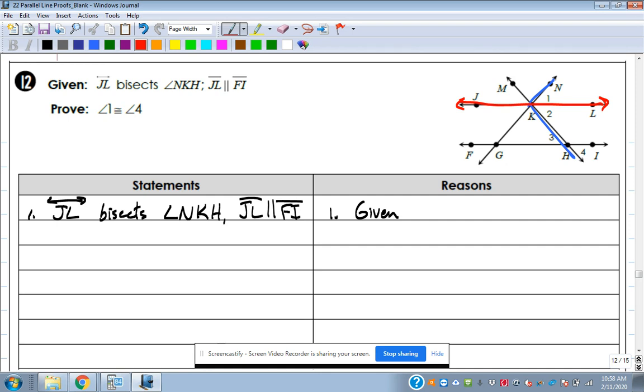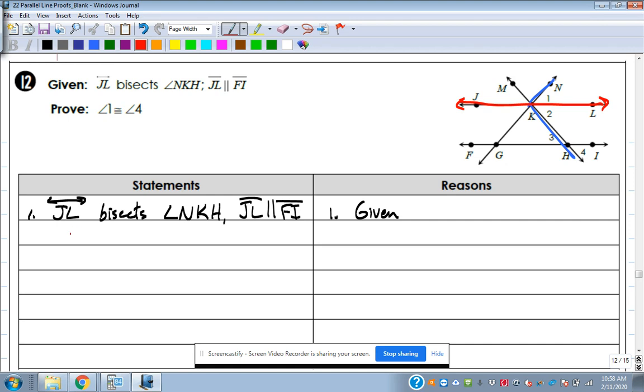In NKL, which is also called angle 1 in our picture, and LKH are the two angles. The other side is the obtuse angle there. So we always want to look to the smaller side of the angle there. So angle 1 and 2 should be congruent to each other by definition of an angle bisector.